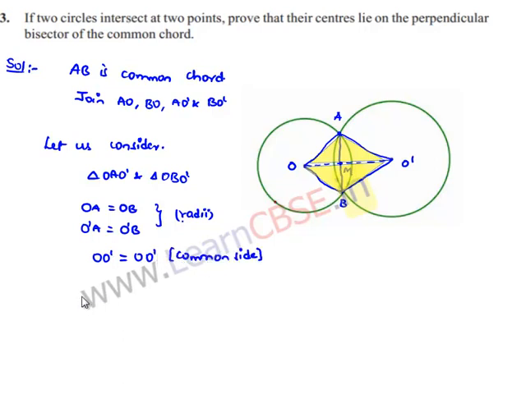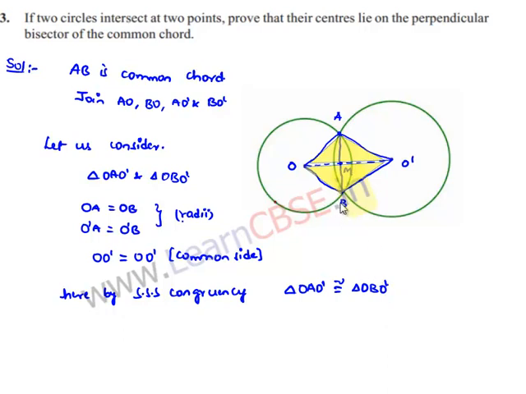Therefore, by the SSS property of congruency, we can say both the triangles are congruent. That is, triangle OAO' is congruent to triangle OBO'.